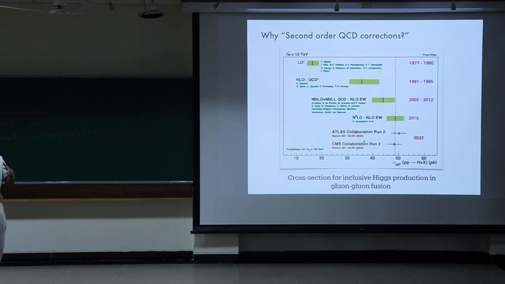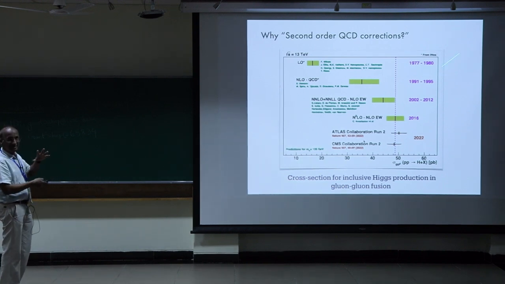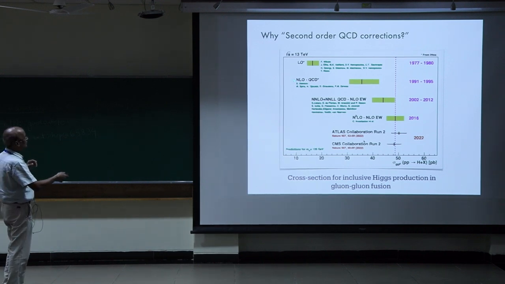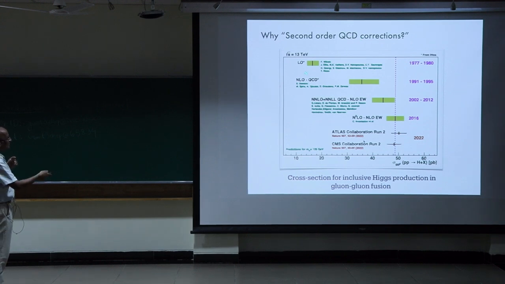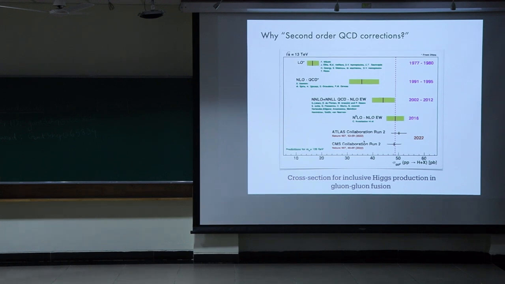Okay, why second order QCD correction? That should be a justification. I'll give you a simple justification. If you look at Higgs production, which is the milestone of the LHC, this LO cross section was known almost four decades back, in '77, and you can see it's so far away from the real value of the cross section, which means the theoretical predictions for such an important process were very, very different if you compute at leading order.